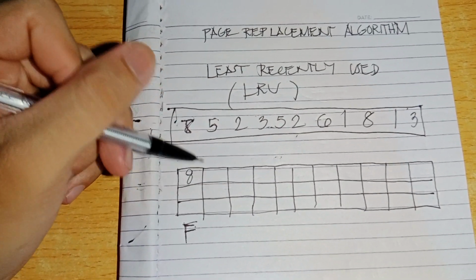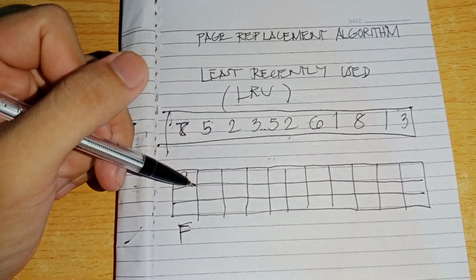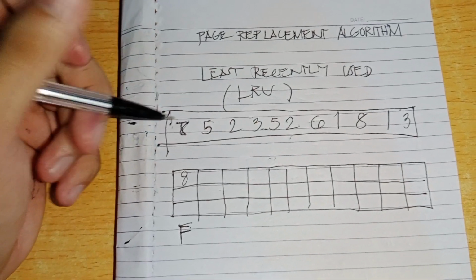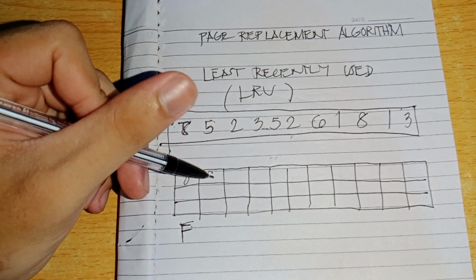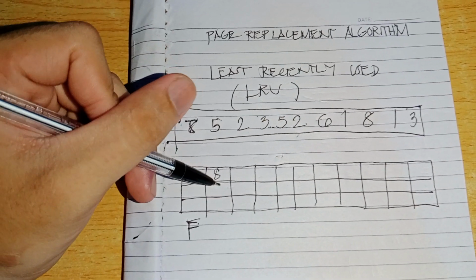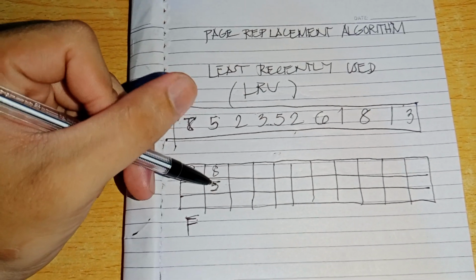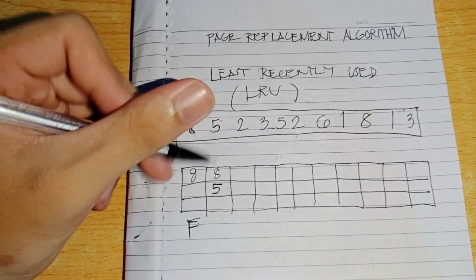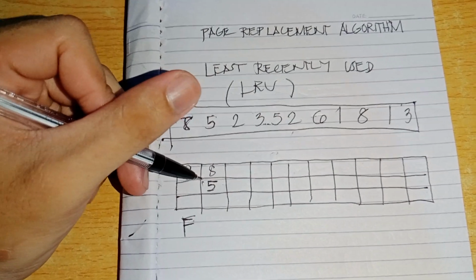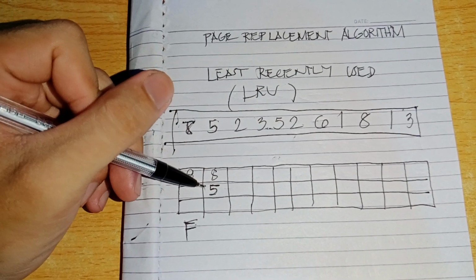As you can see here, there's still no 5 encoded. So we're going to put 8 and put the 5 or the second page value on the second space available.